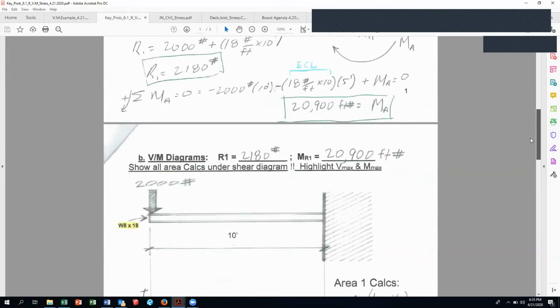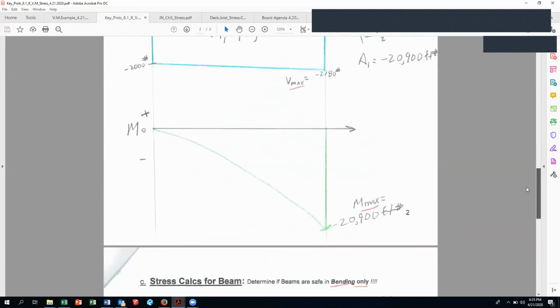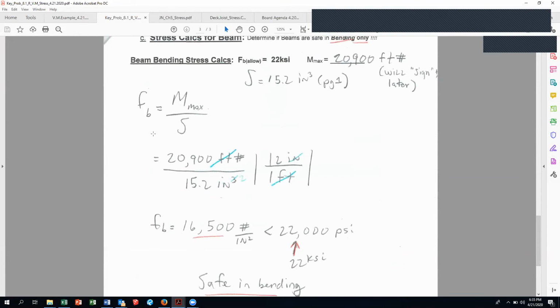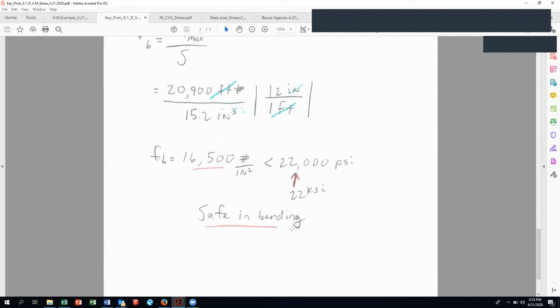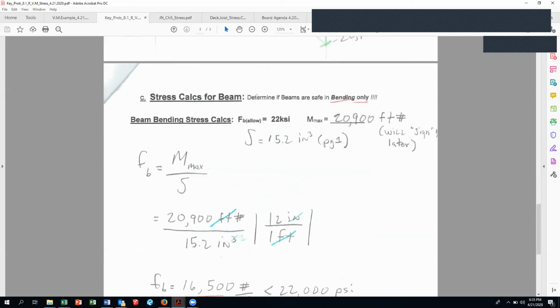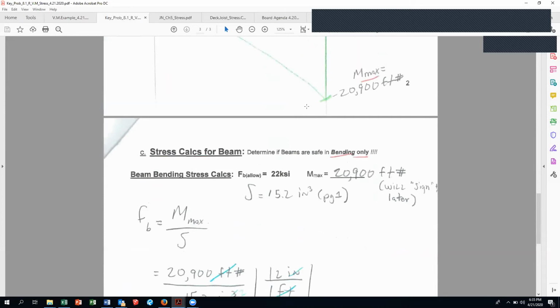But, you know, shear moment diagrams are. And then the stress calcs, very basic. A basic mistake was that this M max is in foot pounds. It's got to be in inch pounds, so you had to do the conversion. So always check my numbers. See if you're close. If you do find a mistake, definitely let me know.